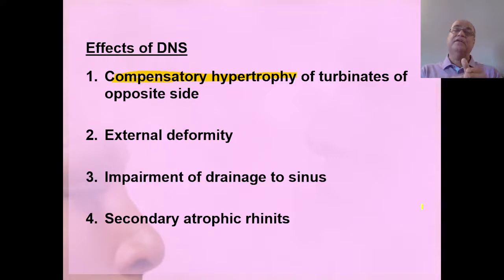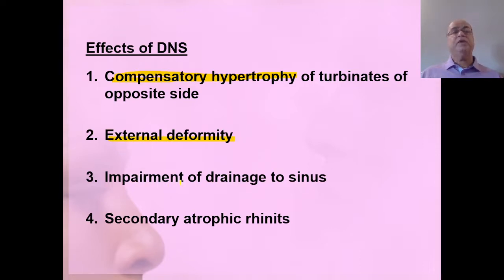But as a result, there is hypertrophy of the turbinate, and this hypertrophy of the turbinate will lead on to nasal obstruction on the concave side as well. So this is what we call compensatory hypertrophy of the turbinates. This deflection of the nasal septum not only affects the nasal cavity, but it can lead to external deformity of the nasal bridge as well.